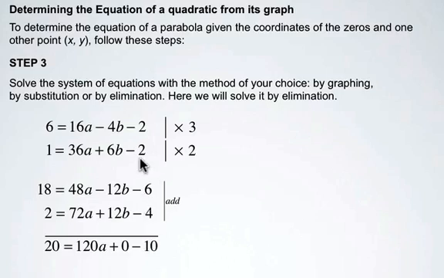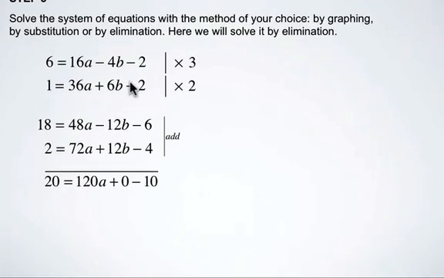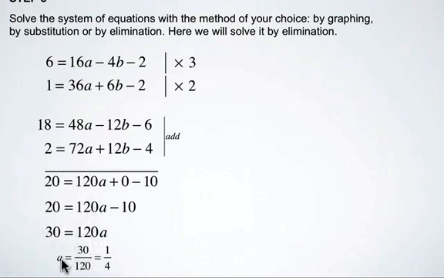So what we did here is we wanted to eliminate the b unknown so that we can isolate a. So 20 is equal to 120a minus 10, or 30 equals 120a. So a is equal to 30 over 120, or a is equal to 1/4.